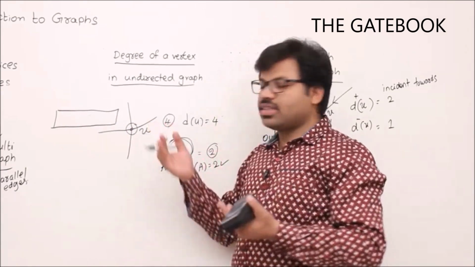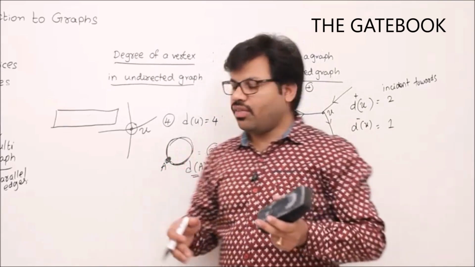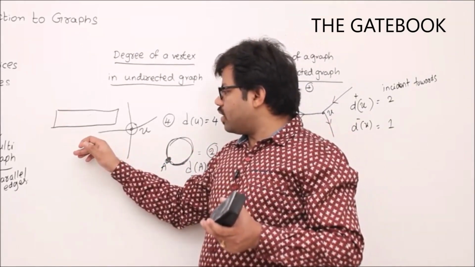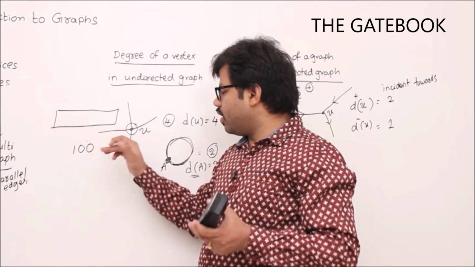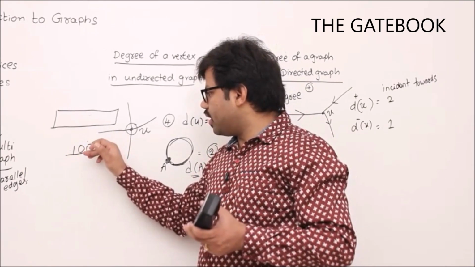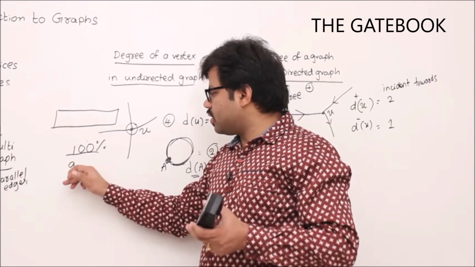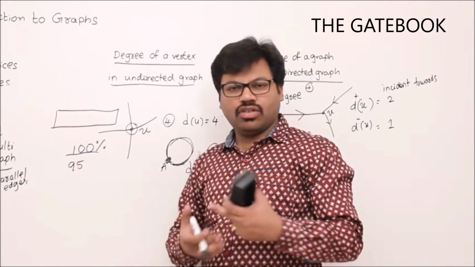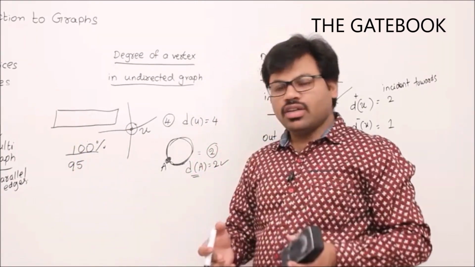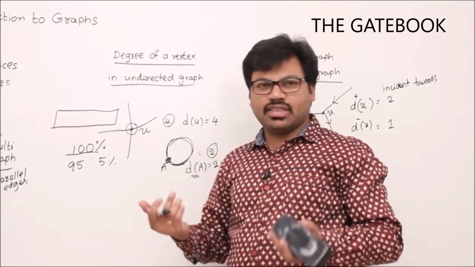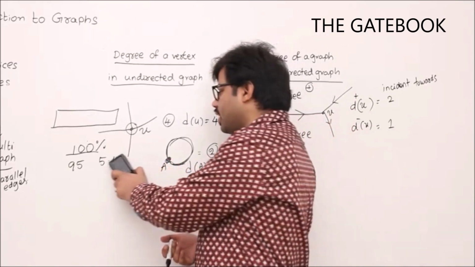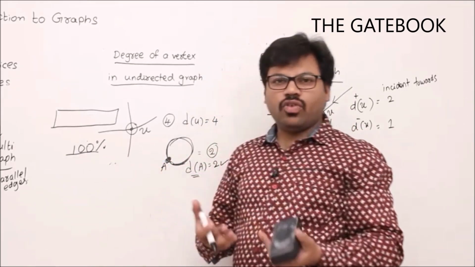Why should I make the sum of the degrees theorem true? I will tell you. Let's say out of 100 graphs, 95% generally do not contain self loops. Only 5% contain self loops, maybe less than that. Graphs with self loops are very rare.